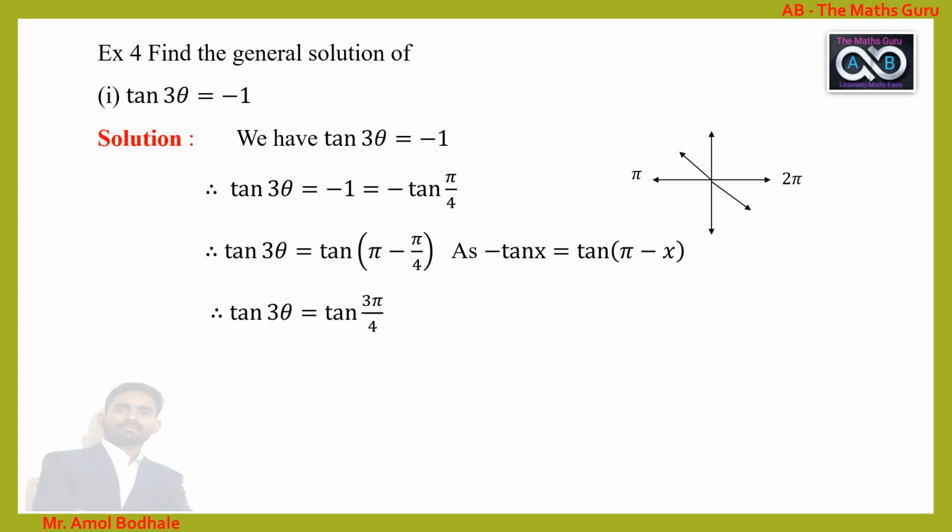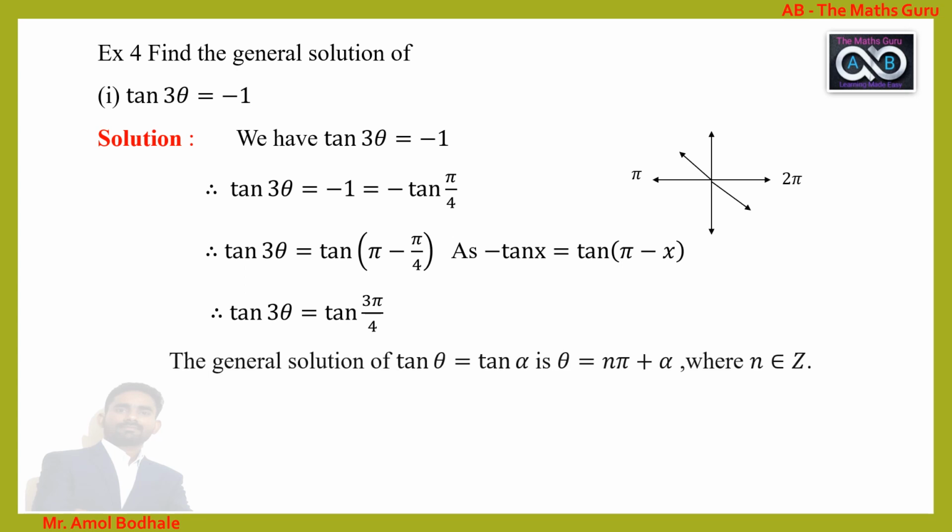So again we get it in the standard form, tan theta equal to tan alpha. We know the solution of tan theta equal to tan alpha is theta equal to n pi plus alpha, where n belongs to Z. Here in the given example theta is exactly 3 theta and alpha is 3 pi by 4. Let's replace this value.